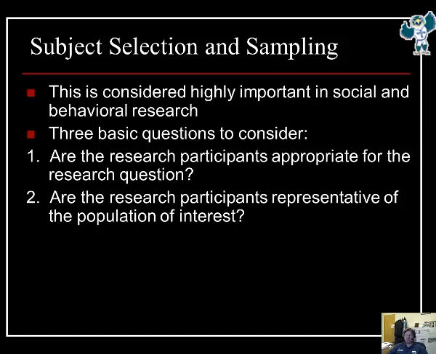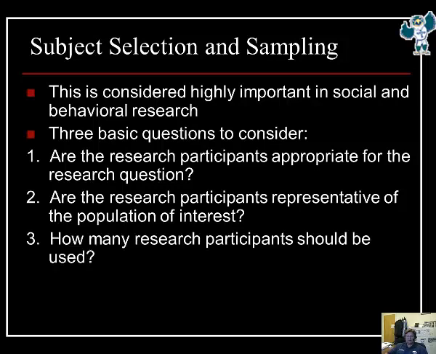Are the research participants representative of the population of interest? And I'm deliberately going slower in this lecture to allow you to fill in the gaps on the PowerPoint. Number 3, how many research participants should be used?